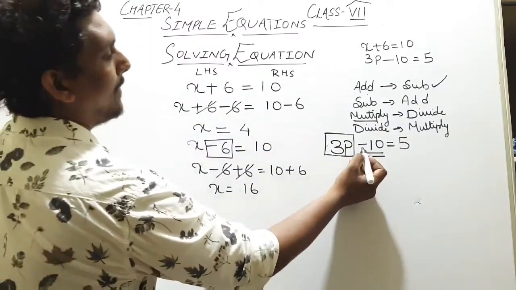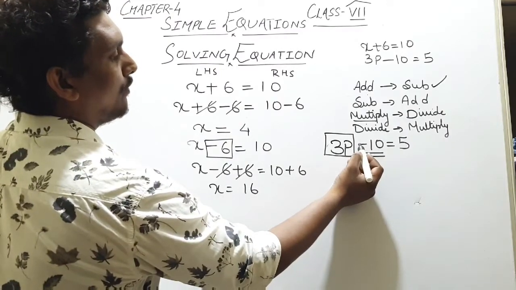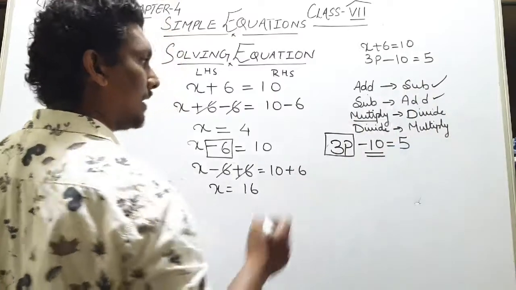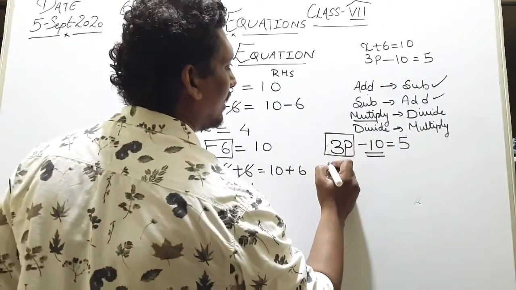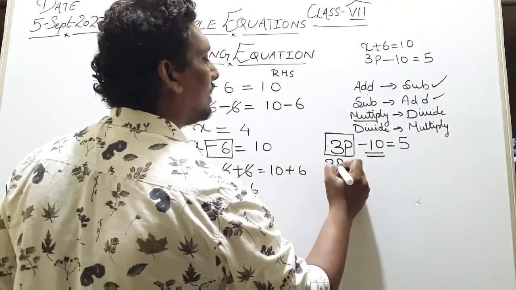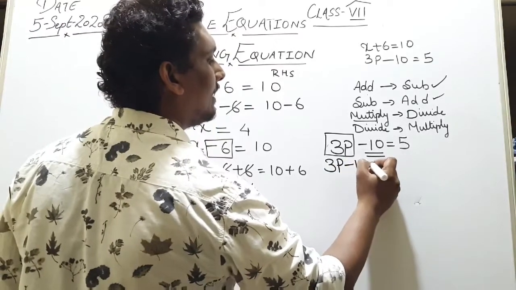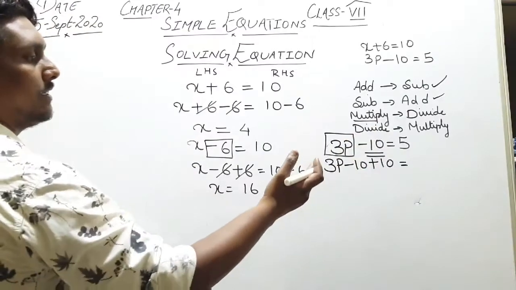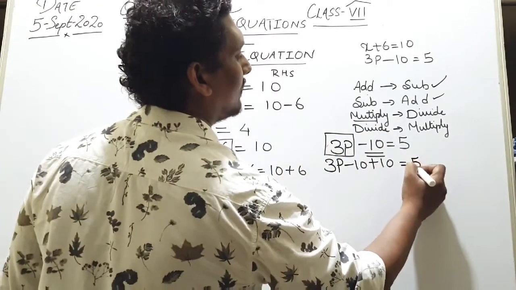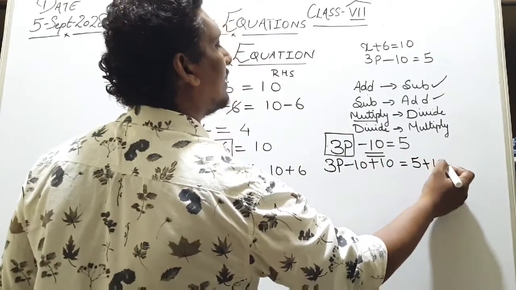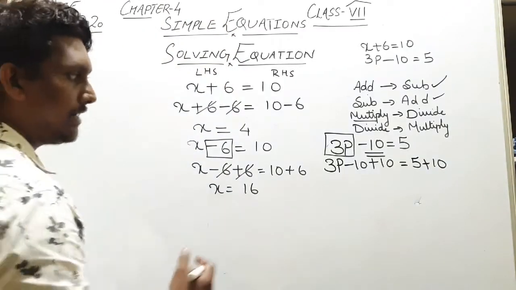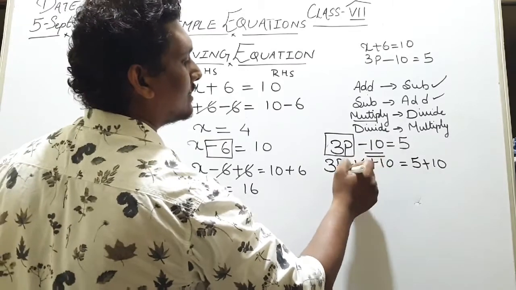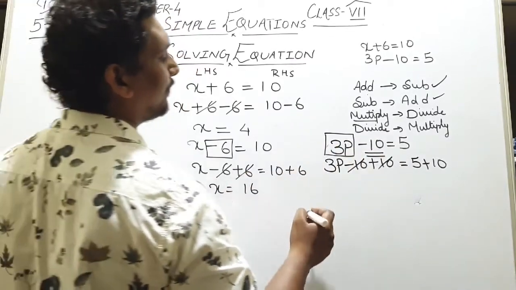For minus, you have to add. So we will do 3p minus 10 plus 10, and 5 plus 10. We have to add 10 on both sides, so this 10 gets cancelled here.